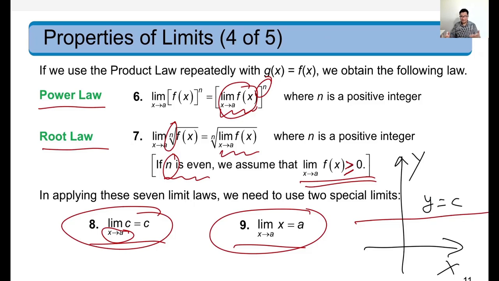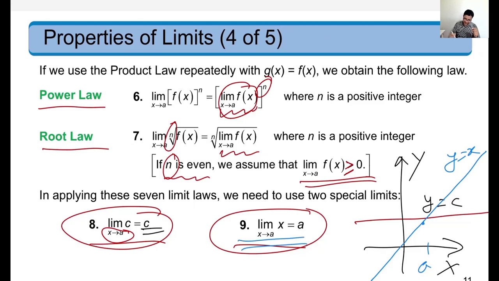Now, at any point, it has the same value, right? So the limit of a constant function is the same constant. And the next one is the limit of the function y equal to x. Okay, if you take this line y equals x, at any point a, its limit is that a, right? Okay, you can just substitute a for x.